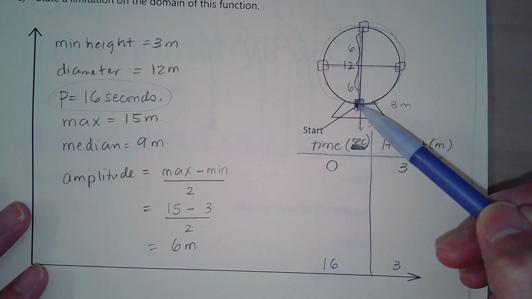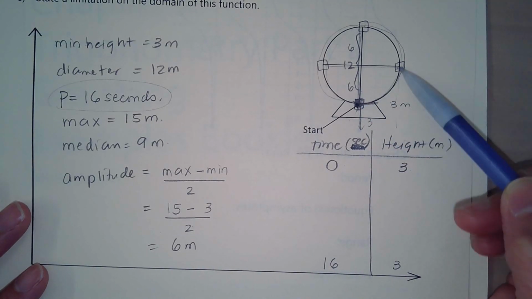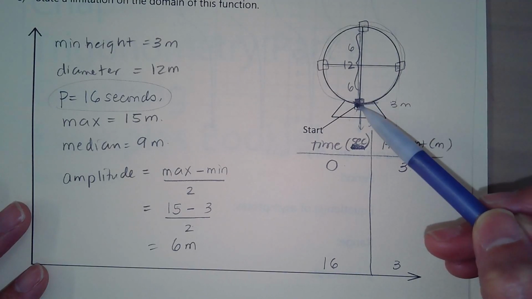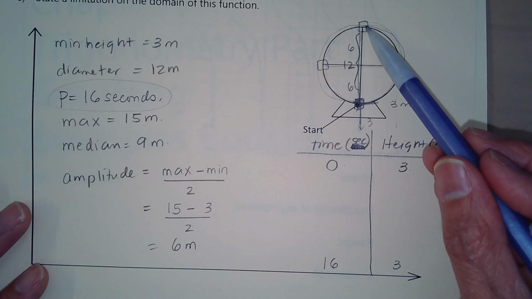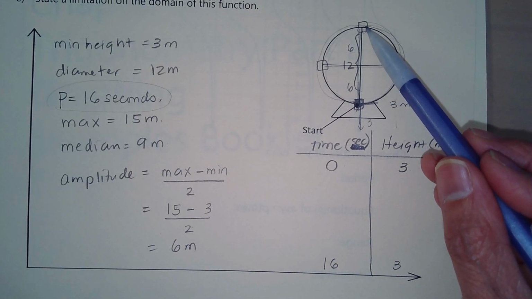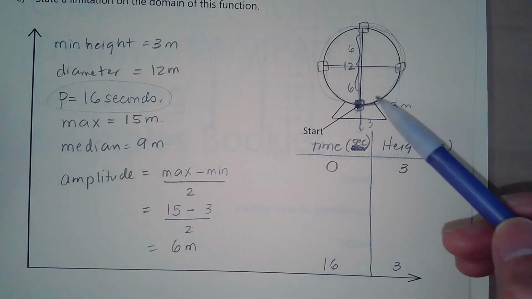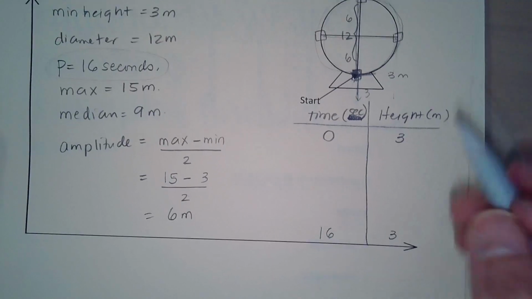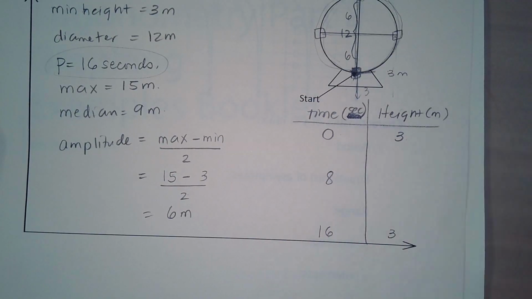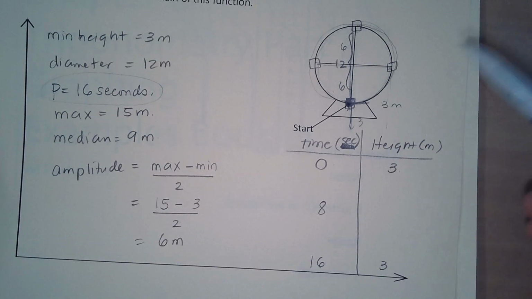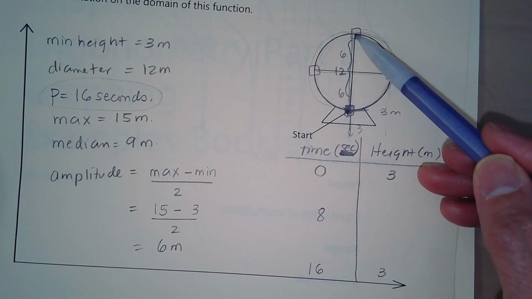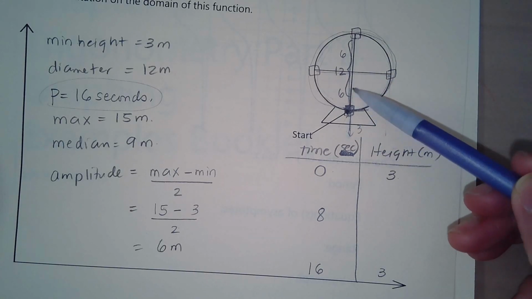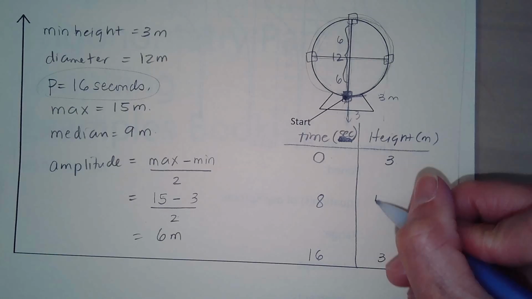Just listen. I'm over here. If it takes 16 seconds to go around, how many seconds to go from bottom up? 8 seconds. Does that make sense? 16 seconds to go around, so 8 seconds to just go up there. So I'm going to put 8 seconds here. What's the height at 8 seconds? 15, because we got 3 here, and then the diameter of 12, so that makes it 15.